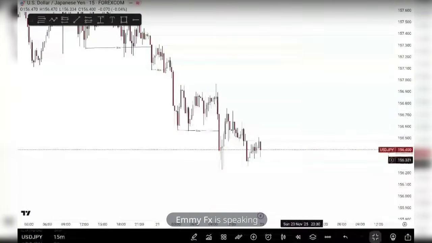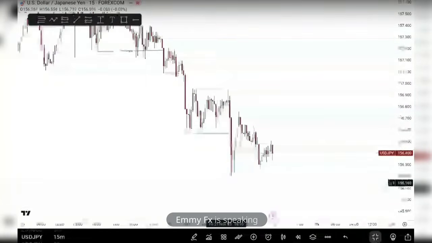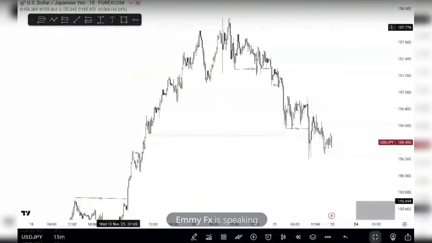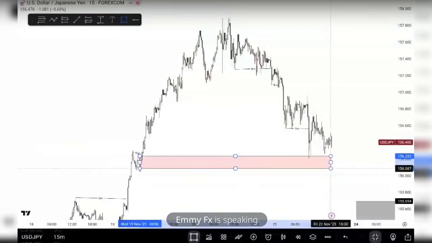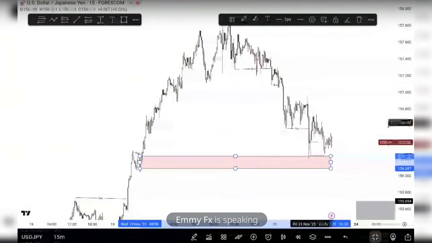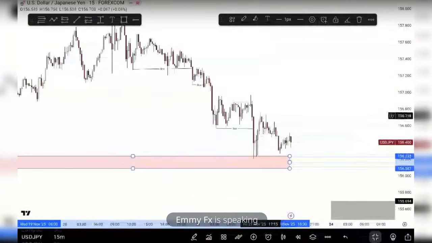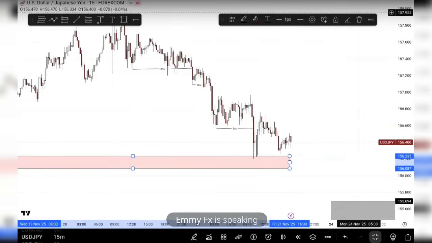Now let me show you there is just something. Price reacted up from this other block, and you can see the move before price reacting from this area which is here, right?